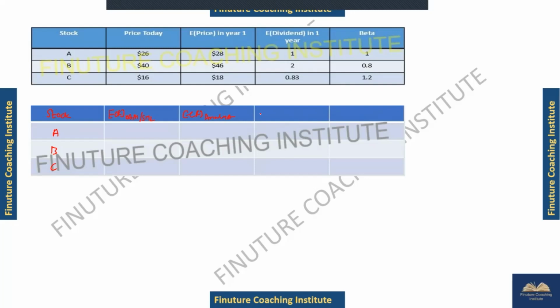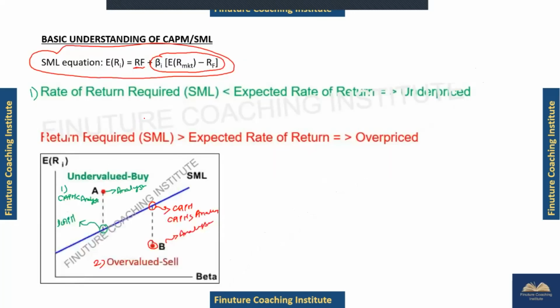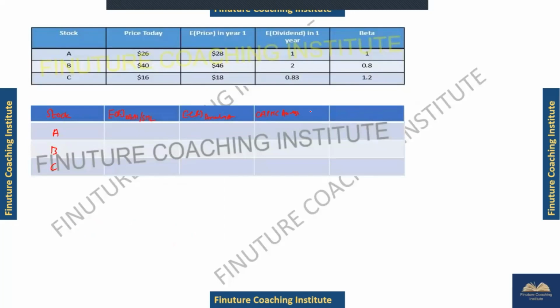If your CAPM is less than analyst, then it is undervalued. If your CAPM is greater than analyst, then you say it is overpriced. So we'll calculate both.